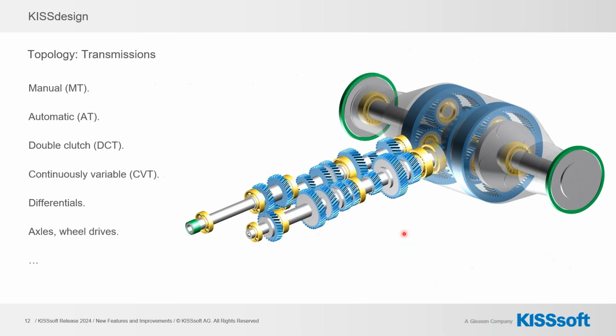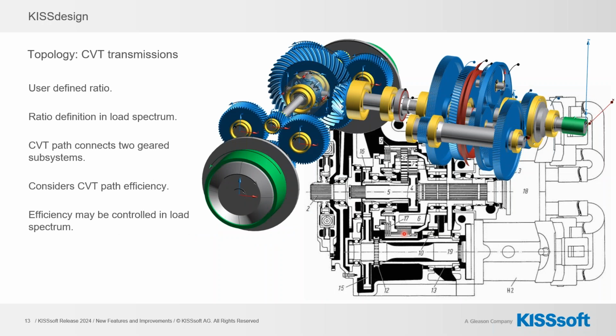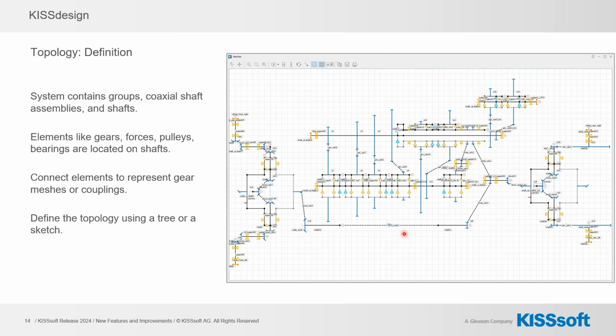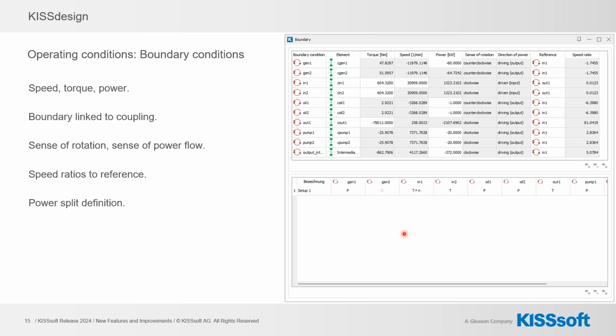What you have, for example, about topologies which are feasible to do with the KISSdesign, or about operating conditions which are available now if you have, for example, hybrid drives.